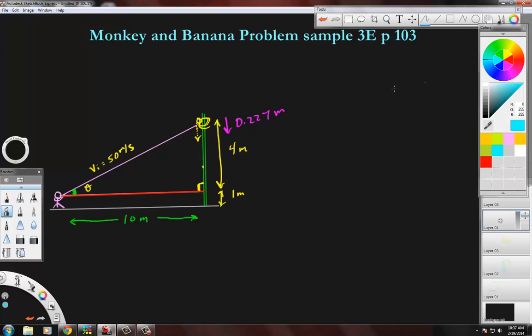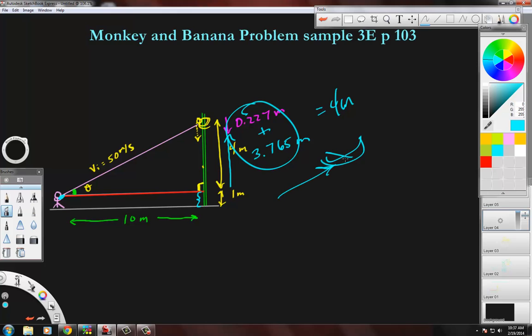The dart hits up 3.765 meters, and this is all in relation to the gun barrel here. We're not even really worried about that distance right there at all. But if you add these two together, that's 4 meters. So in relation to where this thing dropped and this bullet fell is the same distance, because they were fired at the same time. So it would hit the banana. We would have a banana falling, tranquilizer dart stuck in it, like that. All right, and have a good one.